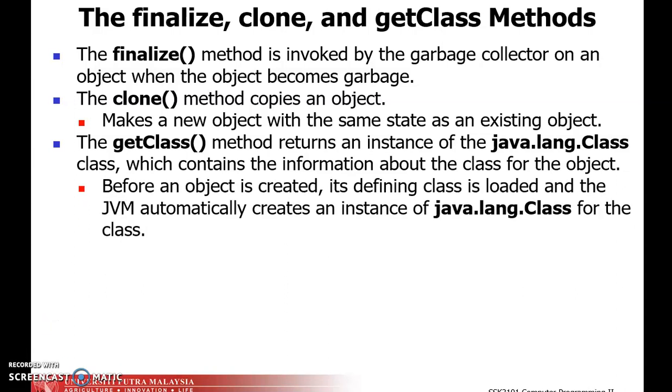The finalize method is invoked by the garbage collector on an object when the object becomes garbage. The clone method copies an object that has the same state as an existing object, and the getClass method will return an instance of the java.lang.Class class, which contains the information about the class for the object.